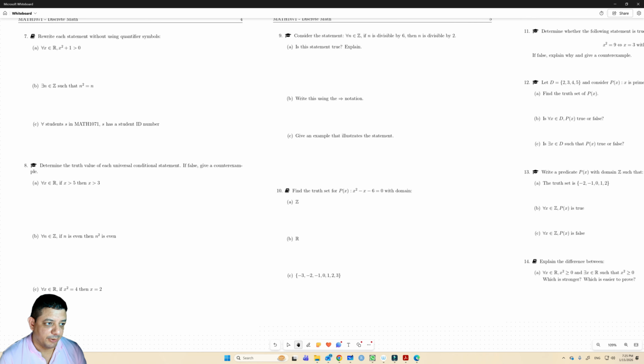Let's continue with 3.1 examples. So for question 7, we rewrite each of the following statements without using quantifier symbols. So we have here, for all x that belongs to R, x squared plus 1 is bigger than 0.